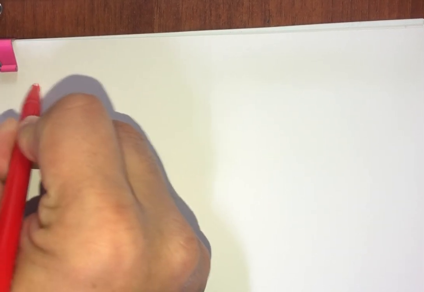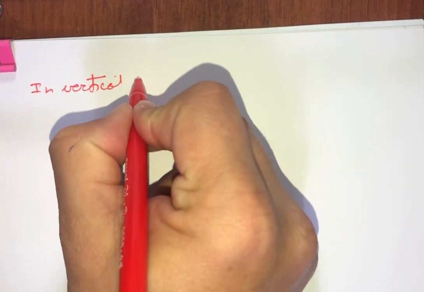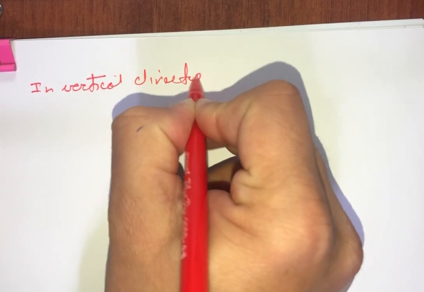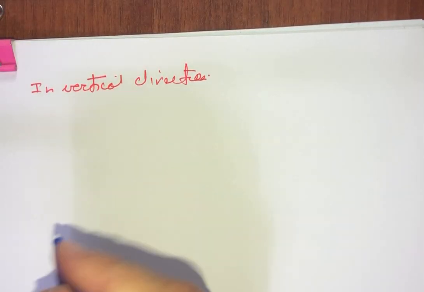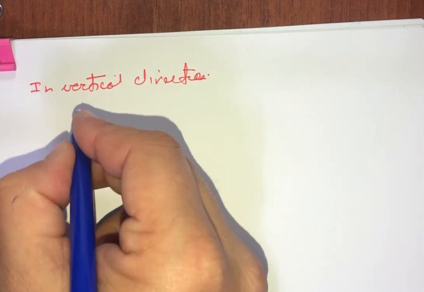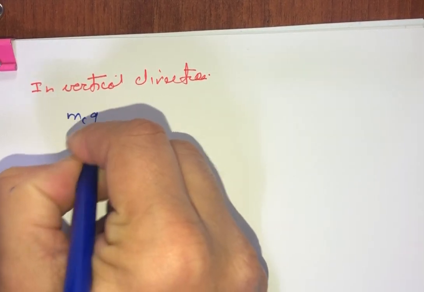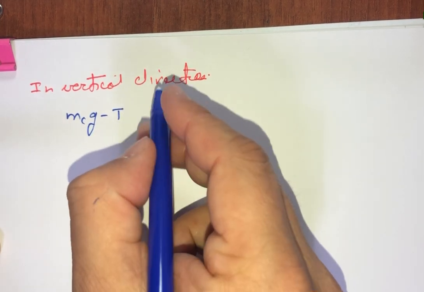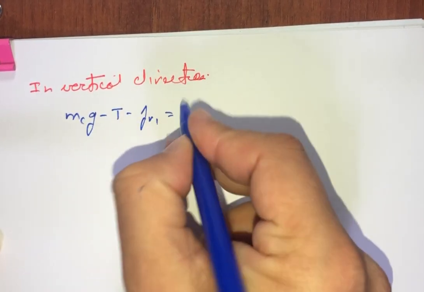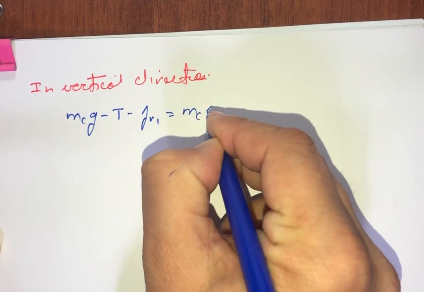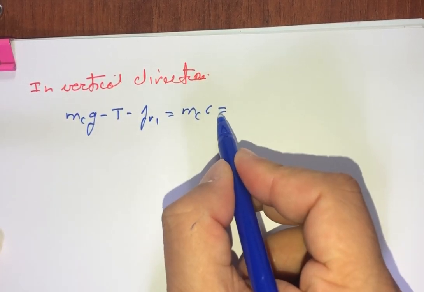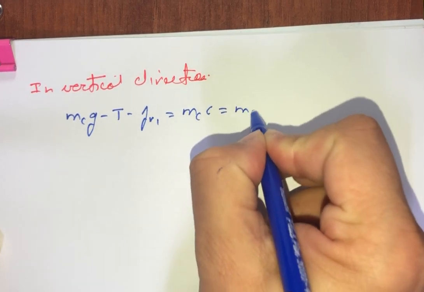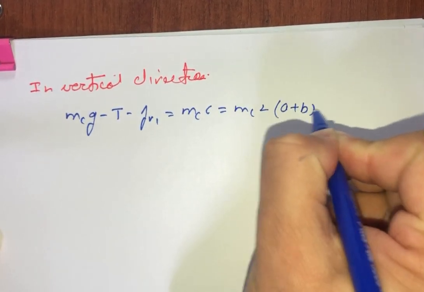And in the vertical direction, we have MCG minus T minus FR1 equal to MC multiplied by c, and c we already know is twice (a plus b), so here we can put MC times 2(a plus b).